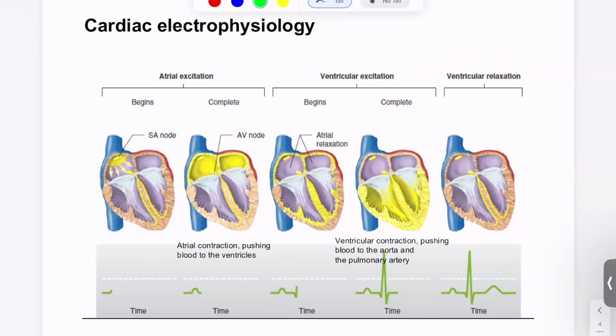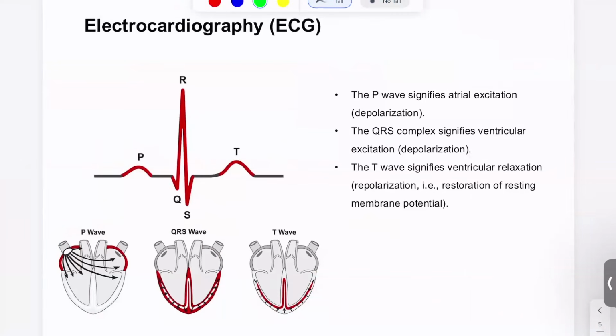So three phases in total: atrial excitation, ventricular excitation plus atrial relaxation, then finally ventricular relaxation. That corresponds to three different waves or segments in ECG, including the P, QRS, and the T. Still the same information, but we focus on ECG here.